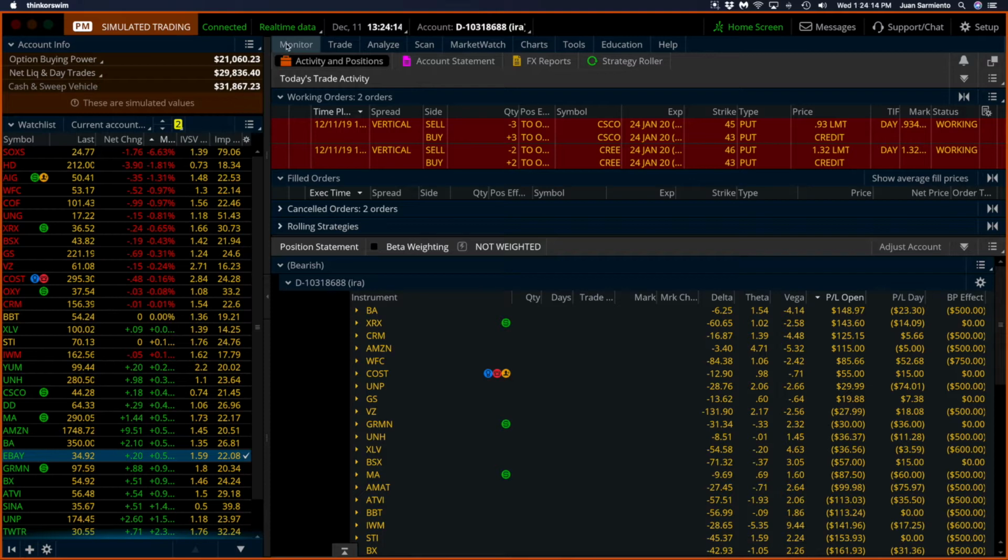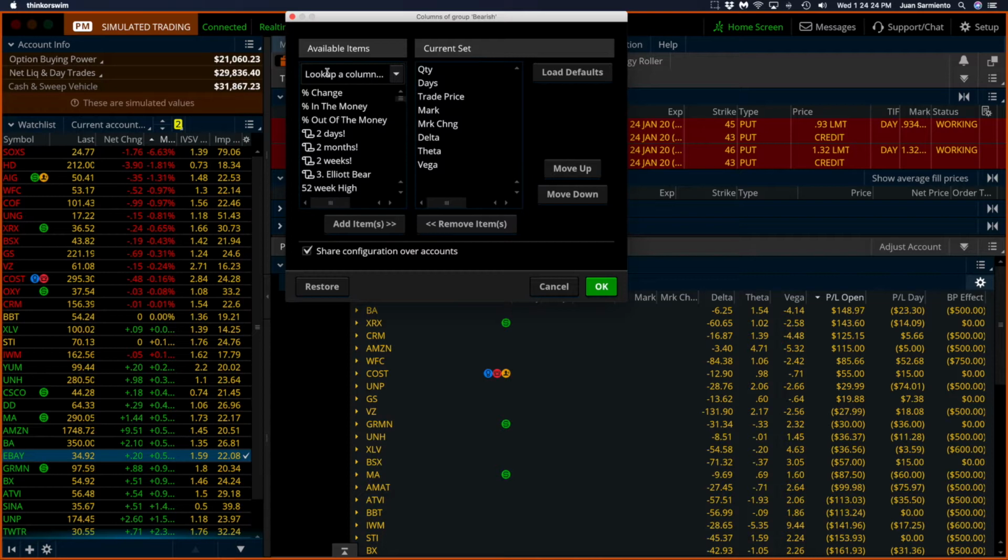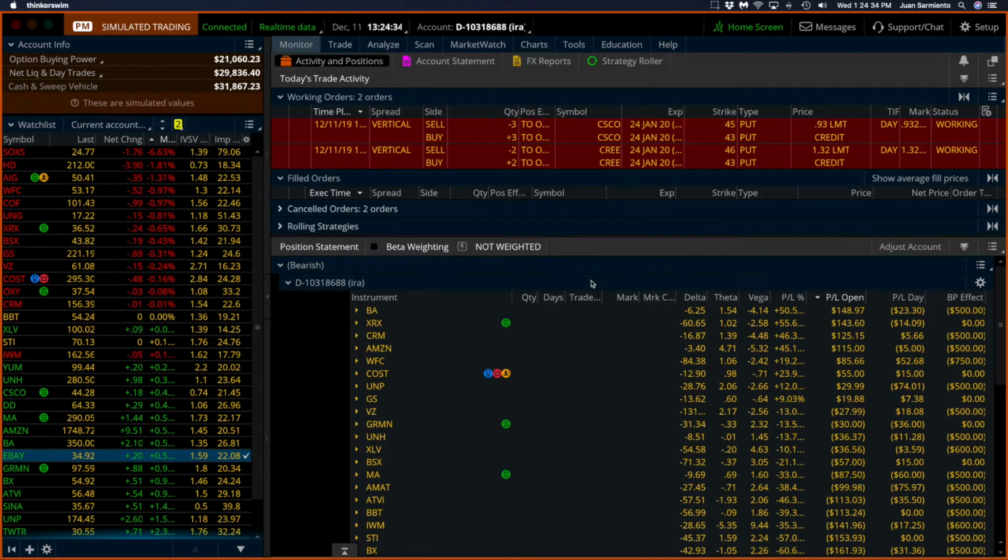That's what I call the front. It's the front page because it's in the first tab of the first tab. So anyway, click on this gear icon and enter P/L and you see percent. So select that and say add items and then say OK, and it shows here.